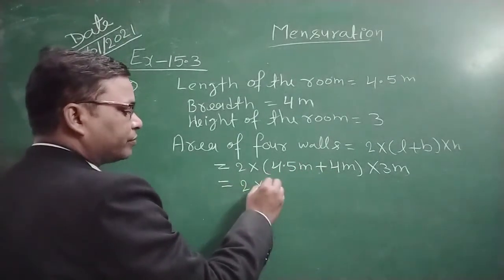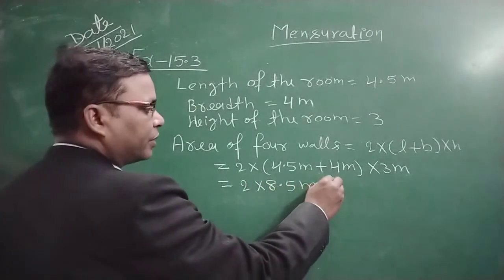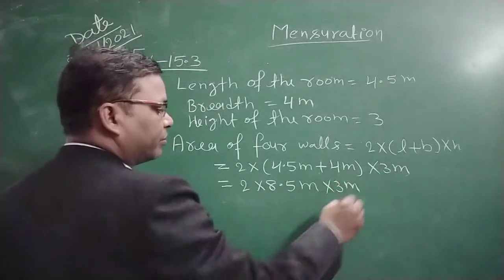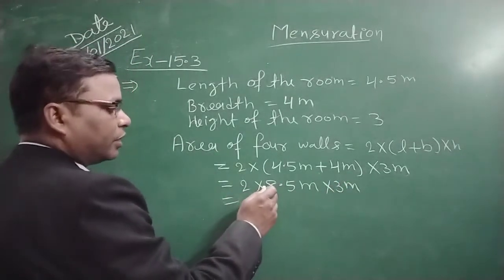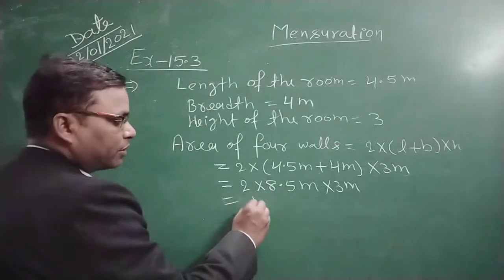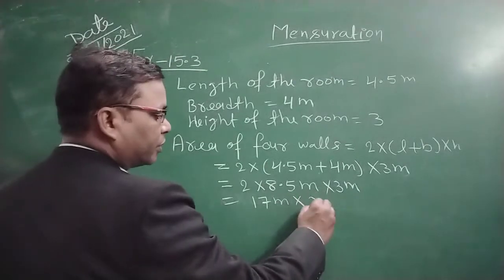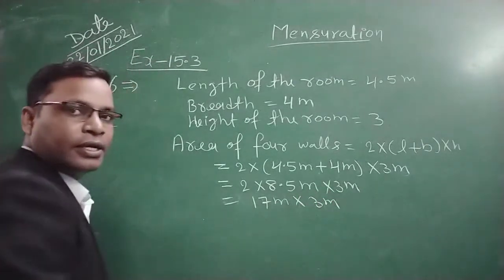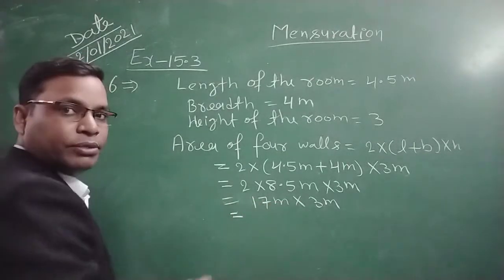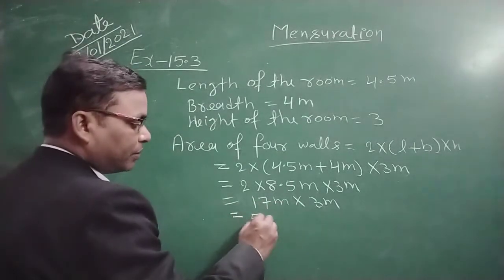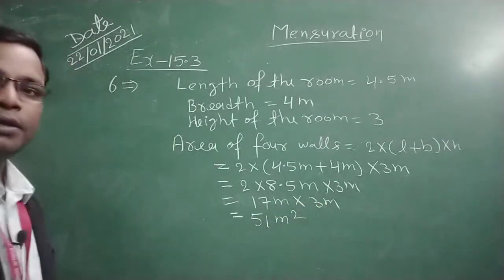So 2 into 8.5 meter into 3 meter. If you multiply them, 8.5 into 2 becomes 17 meter into 3 meter. So 17 into 3 is 51 meter square. Meter into meter becomes meter square.